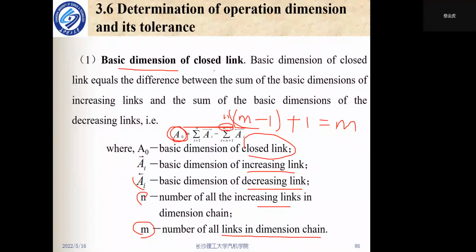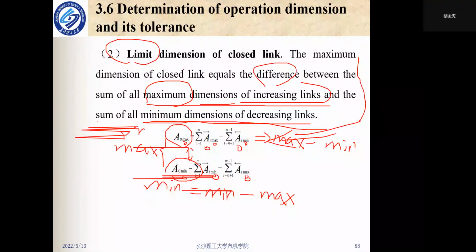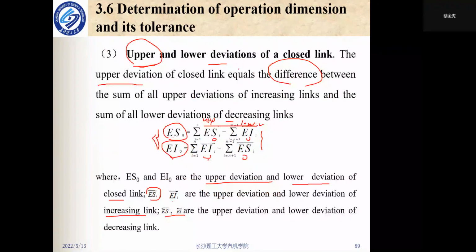And the basic dimension of closed link is computed by the increasing links minus the decreasing links. For the limit dimension, we use the extreme value, the maximum and the minimum, to calculate the limit dimension of closed link, and then the upper and lower deviation of closed link.